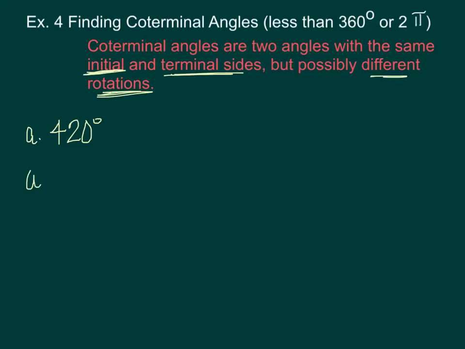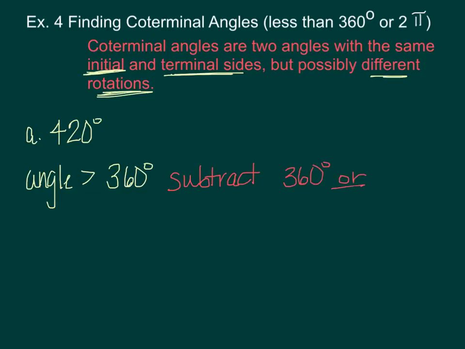just note that if your angle is larger than 360, you will subtract to find the coterminal angle. So you're subtracting 360 or a multiple of 360. So 360, 720, any of those.